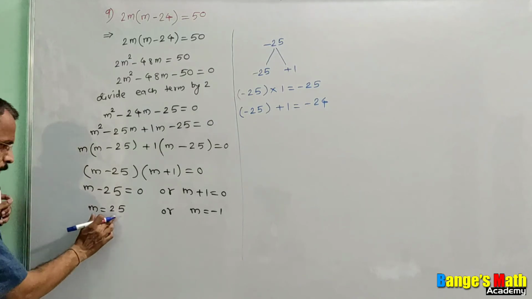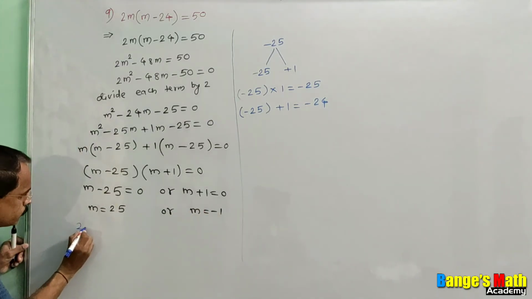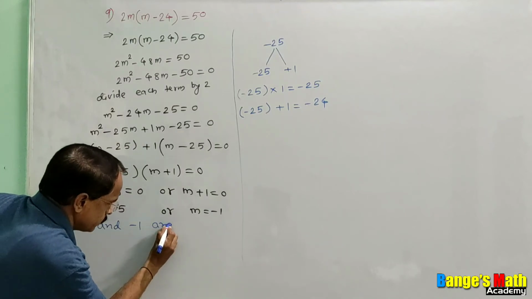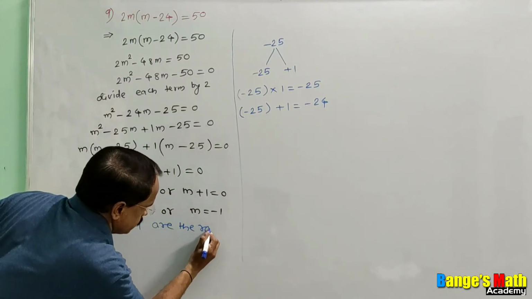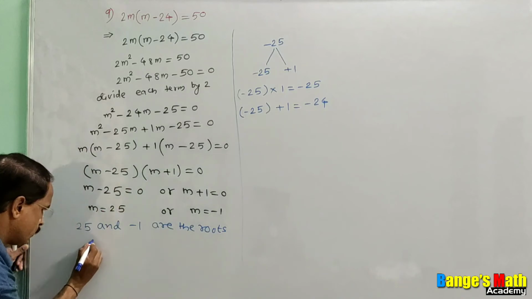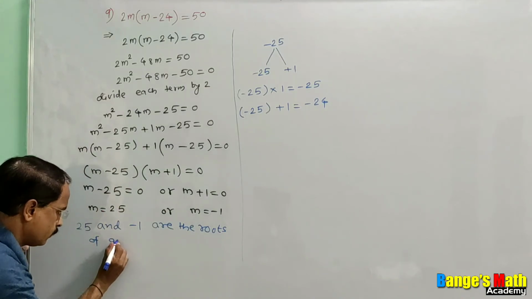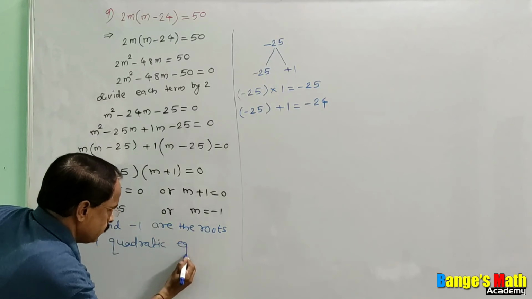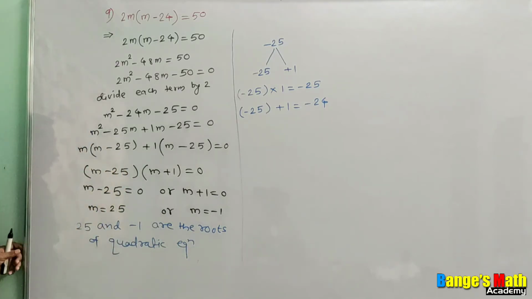So 25 and minus 1 are the roots of the quadratic equation.